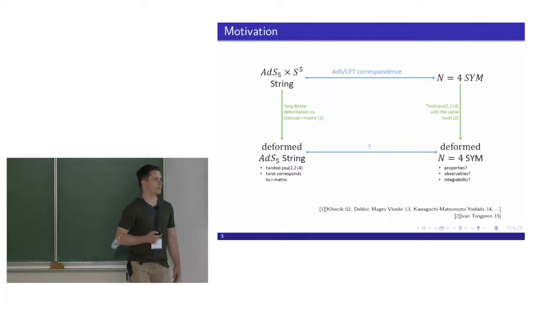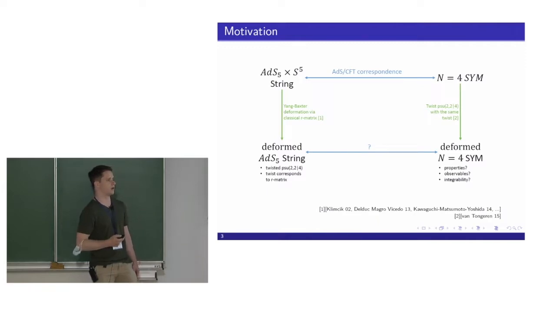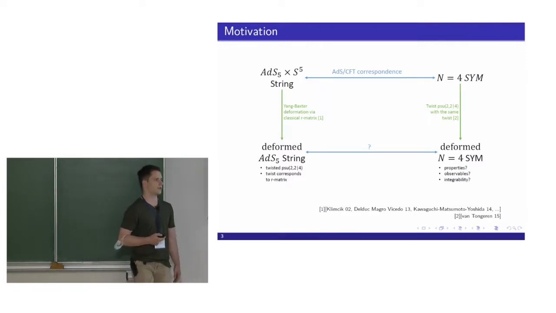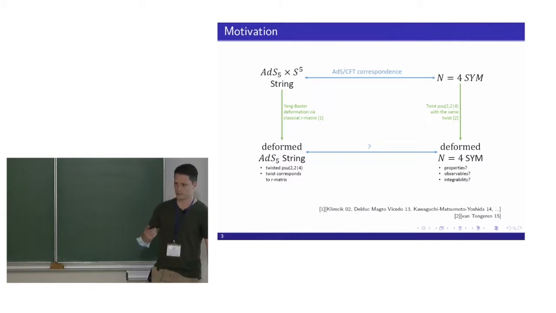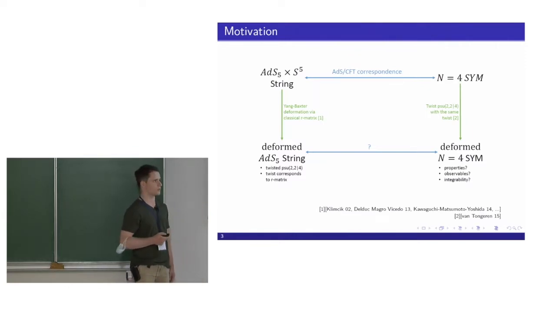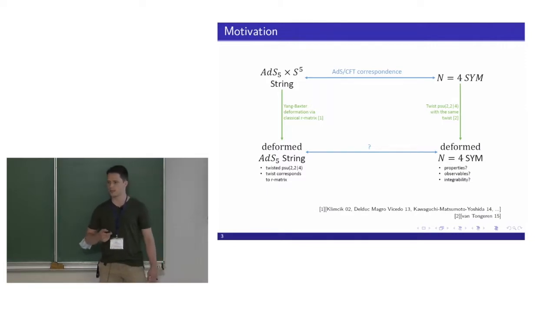In principle, I'm interested in finding somehow the CFT dual to these deformed strings. The natural attempt to look for such a CFT dual is to twist the underlying symmetry of this N=4 super-Yang-Mills with the same twist that appears for these deformed strings.